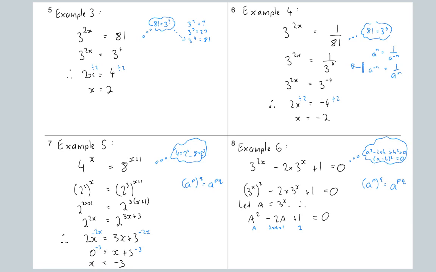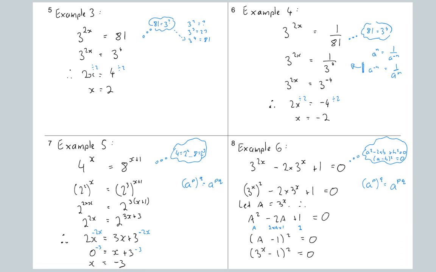So it does fit, so I can say, therefore, a minus 1 all squared is equal to 0. And what was a? Well, up here, we said that a was 3 to the power of x. So that means that 3 to the power of x minus 1 all squared is equal to 0.